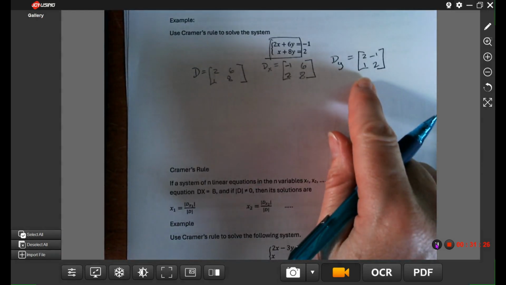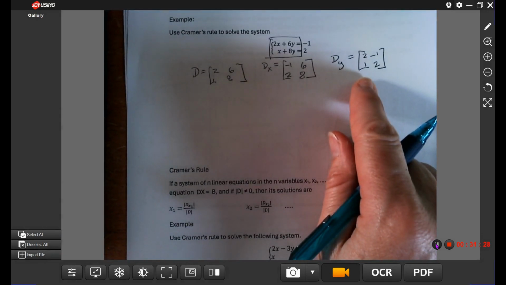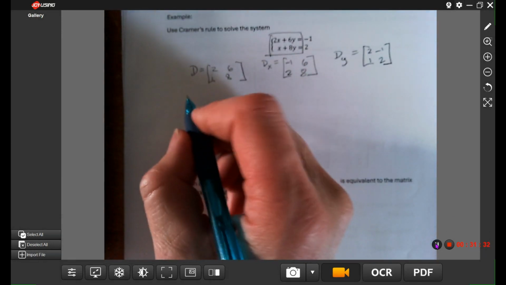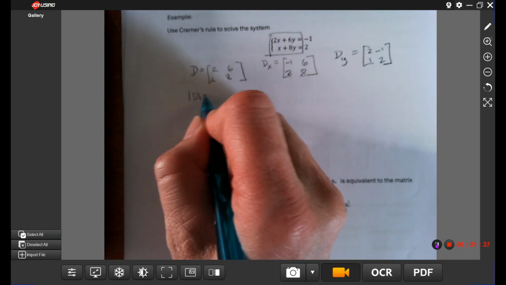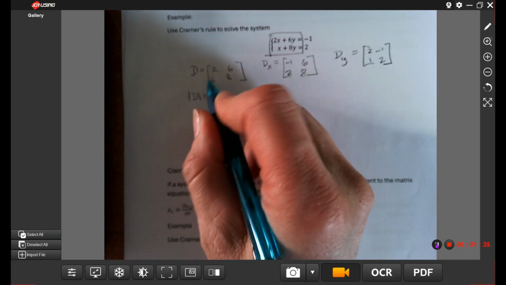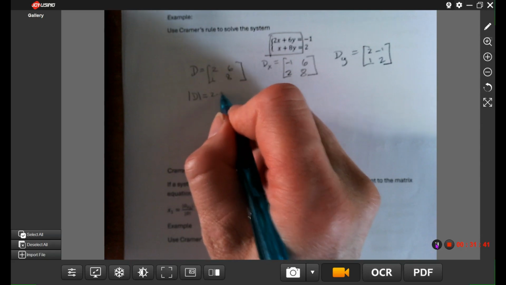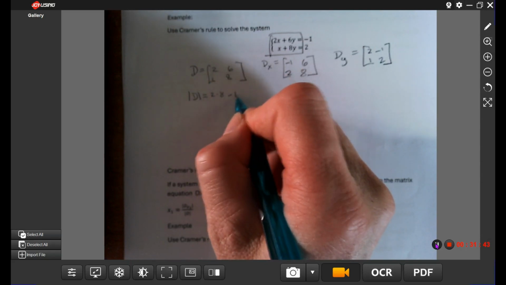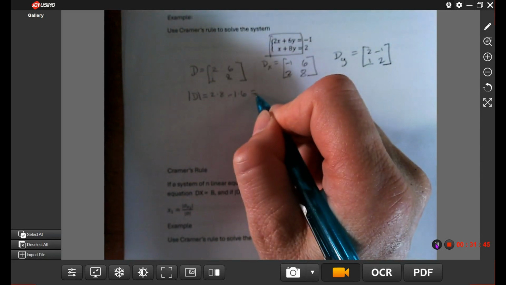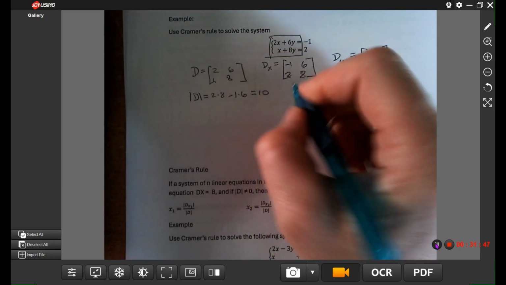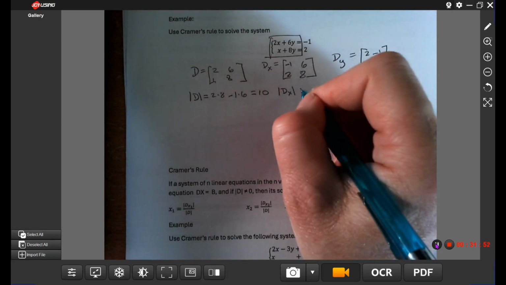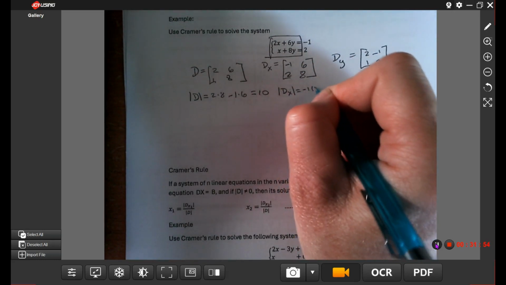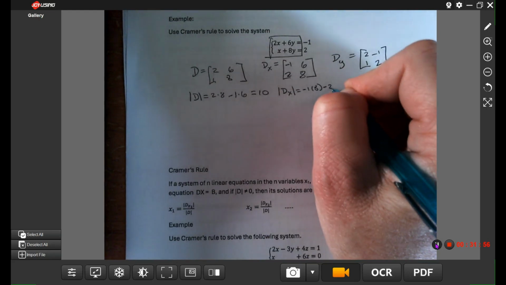And now I'm ready to find x and y, but I'm going to calculate the determinants first. These are all squares, so it's relatively simple. So the determinant of d is 2 times 8 minus 1 times 6. So that's 16 minus 6, which is 10. And the determinant of d sub x is -1 times 8 minus 2 times 6.